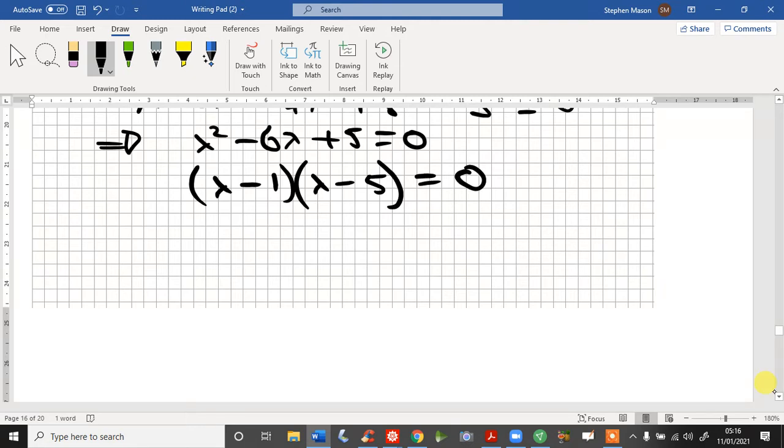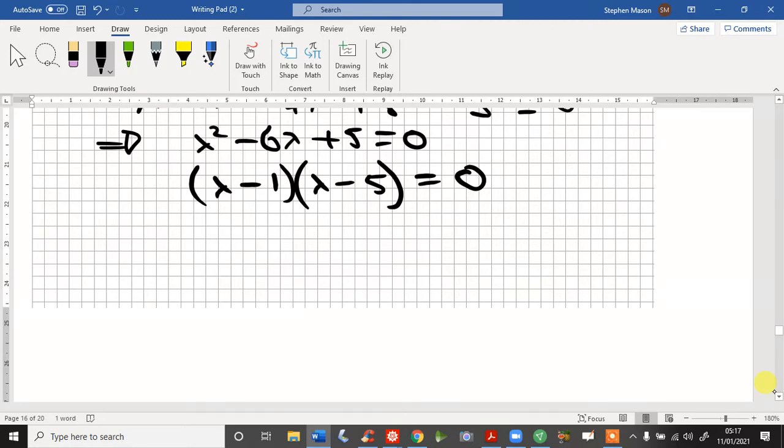So you can see that lambda times lambda is lambda squared. Lambda times minus 5 plus lambda times minus 1 gives you the minus 6 lambda. And then you've got minus 1 times minus 5, which gives you 5. So this is the correct factorization of this quadratic.